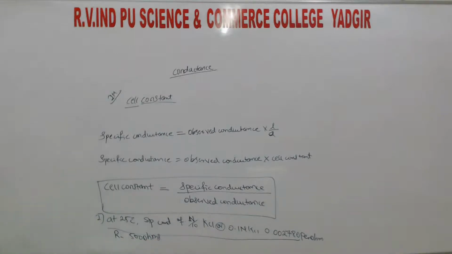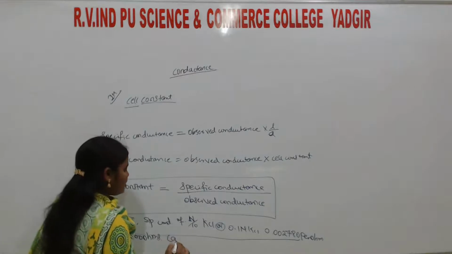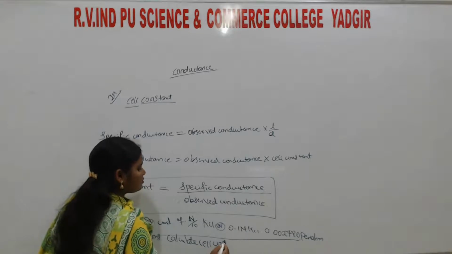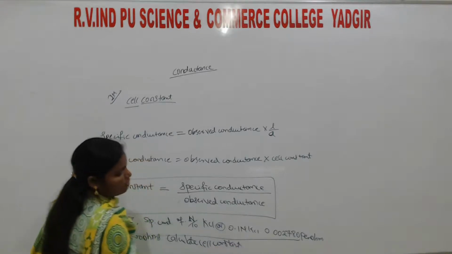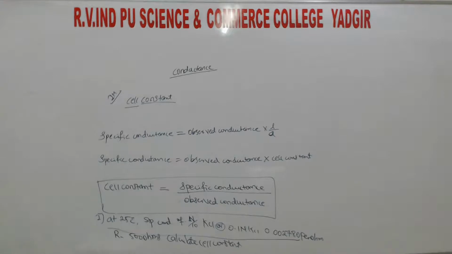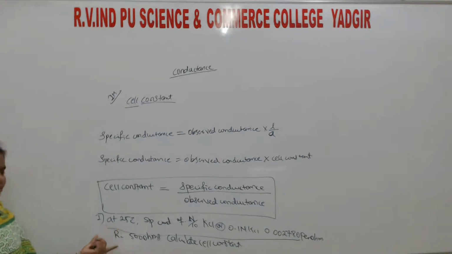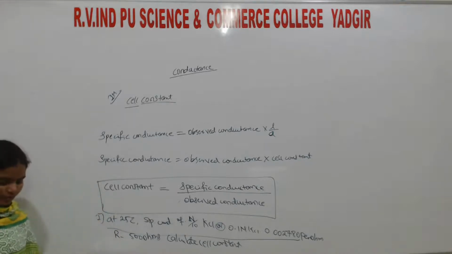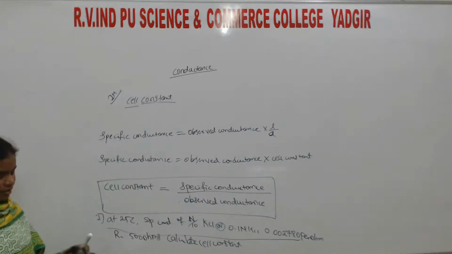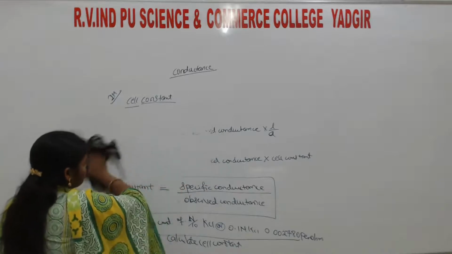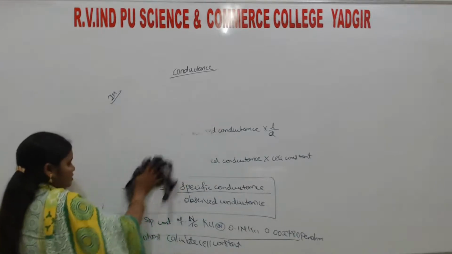Calculate the cell constant. This is the first problem. I am taking a common problem used in books. This is very important for a 1 mark question.